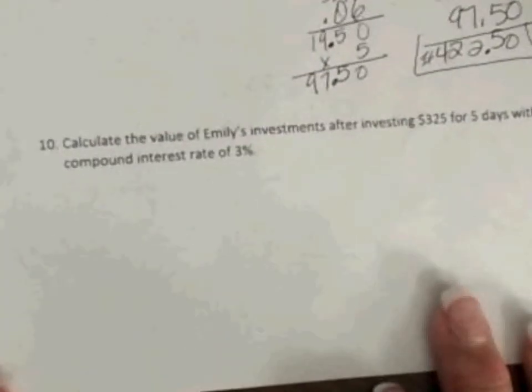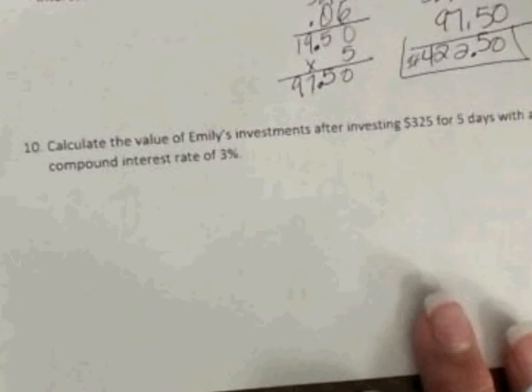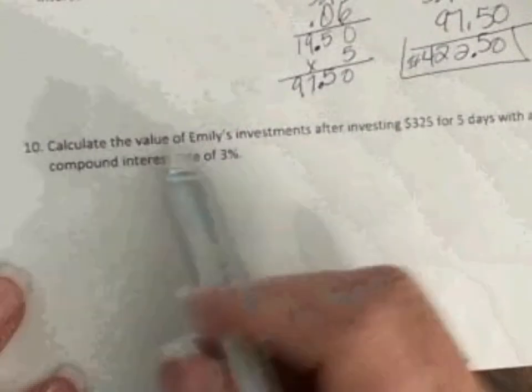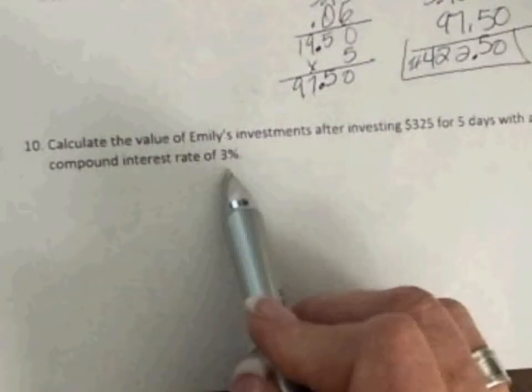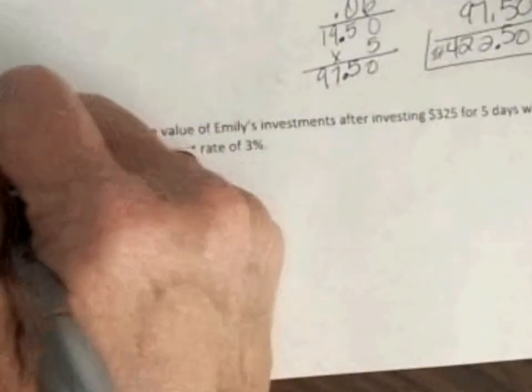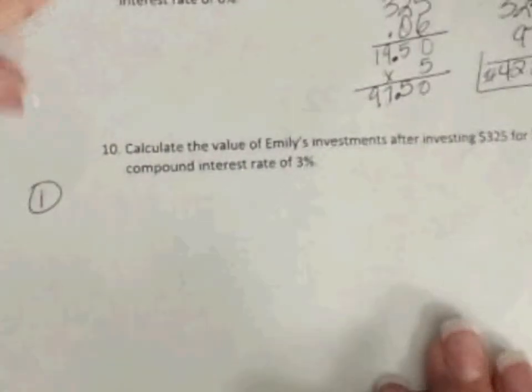So our last problem, calculate the interest. This one's going to be a little bit more involved. And this accumulates daily. So we have $325 for 5 days with a compound interest rate of 3%. So my first day, just to keep myself straight, I number my days.